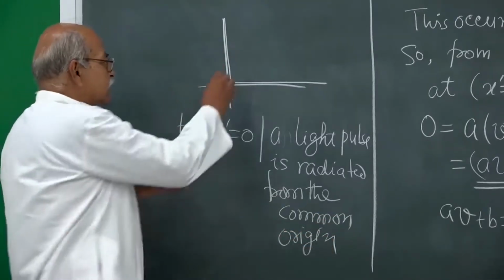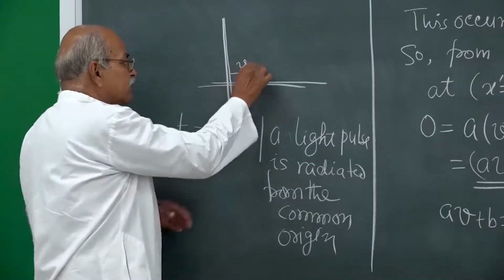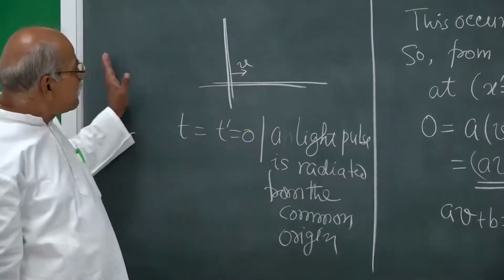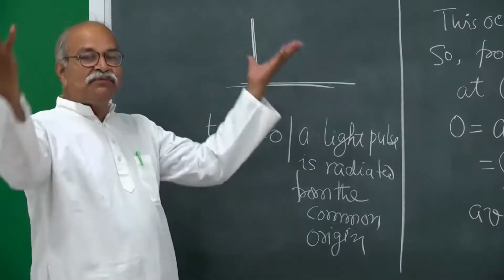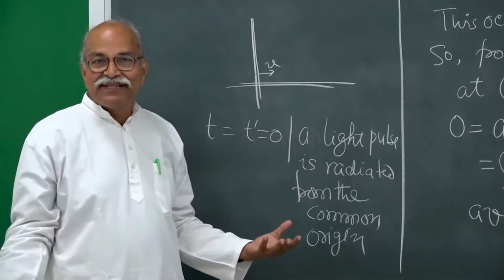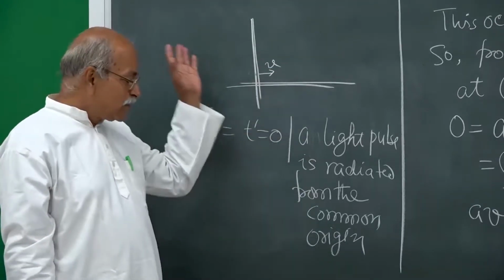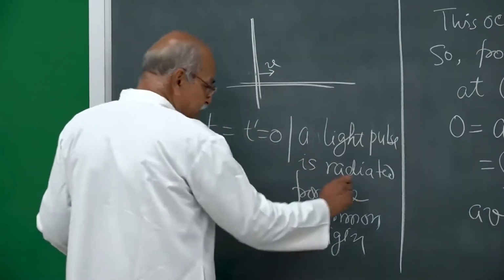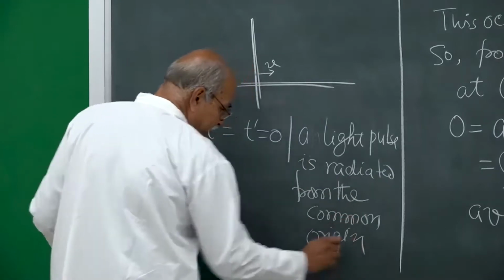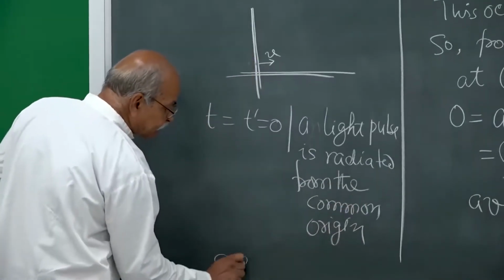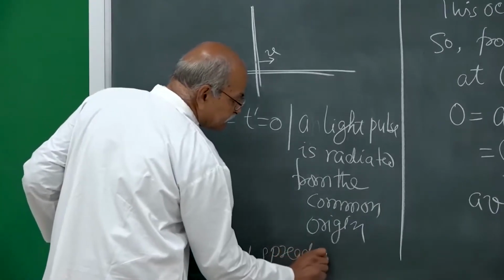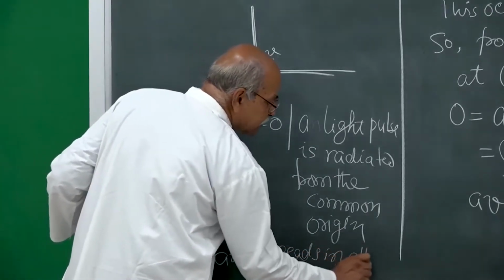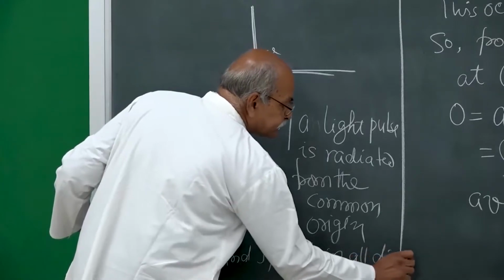So when this S prime is moving with respect to S, it comes from left, and when O prime crosses O, at that time some electromagnetic radiation is emitted, and that spreads in all directions.